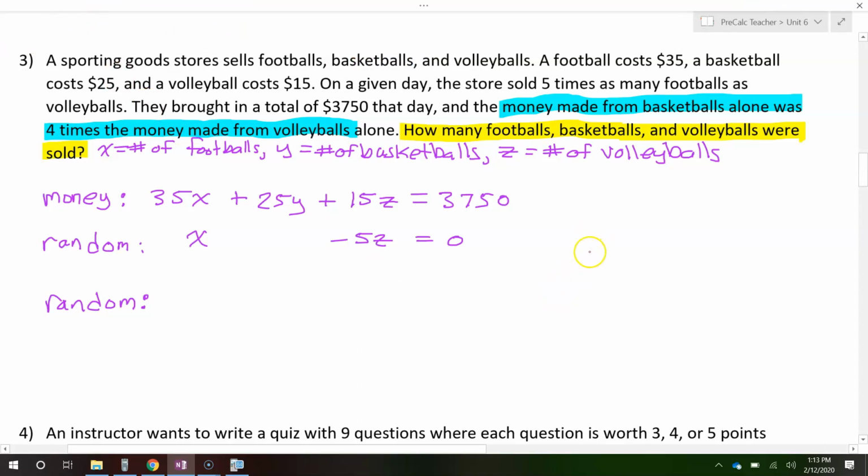All right? It says, okay, hold on. We're comparing basketball money, and we're comparing that to volleyball money.